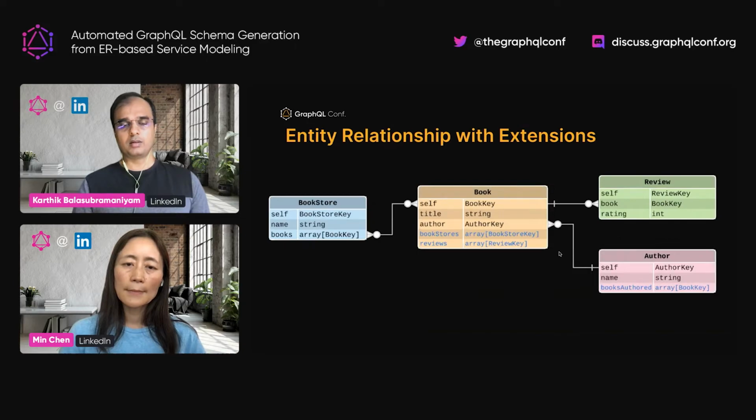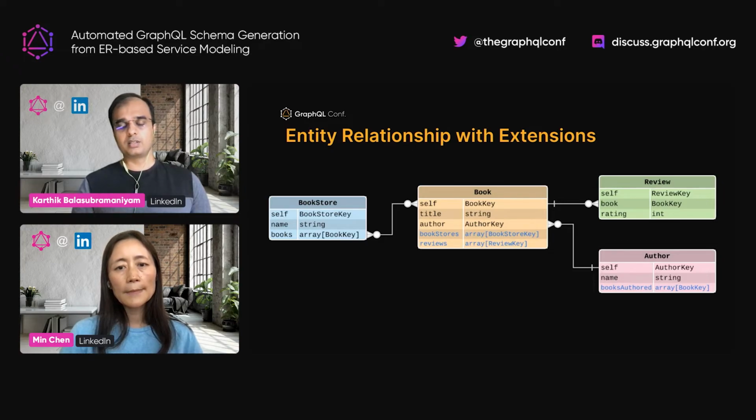So finally, this is what the entity's definitions look like after we add a declarative ER modeling. You have the original entities, but the extension schemas are added as highlighted in the blue here.